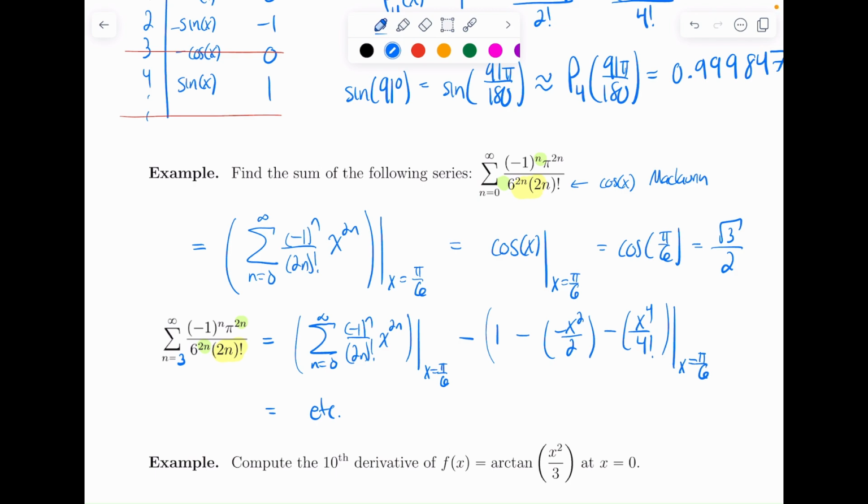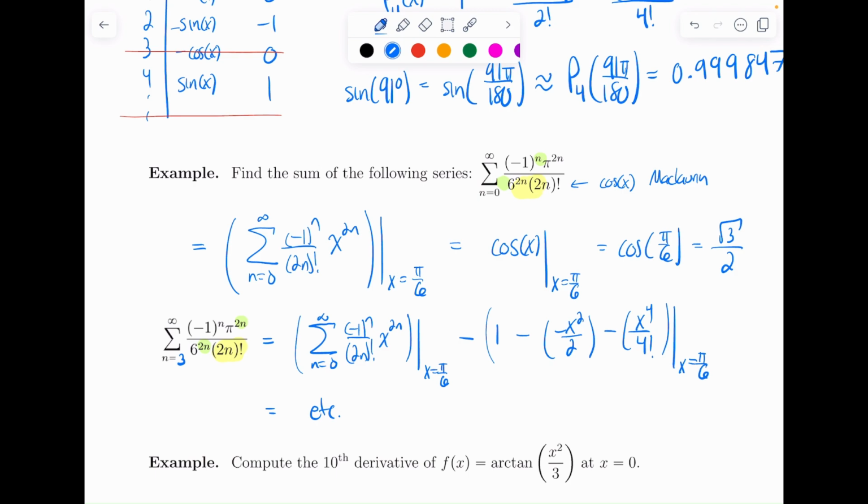Now, the last problem that we're going to cover in this video is one of my favorite applications of this concept. And it's one of the coolest things that you can do with Taylor series in a theoretical way, in a non-applicative way. Well, that's not quite true. You can apply this, but anyway.